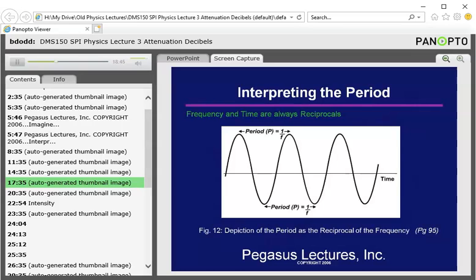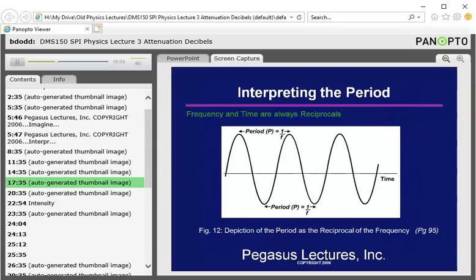So if we drop down to 1/10 of what we started with, then we have lost 10 decibels.